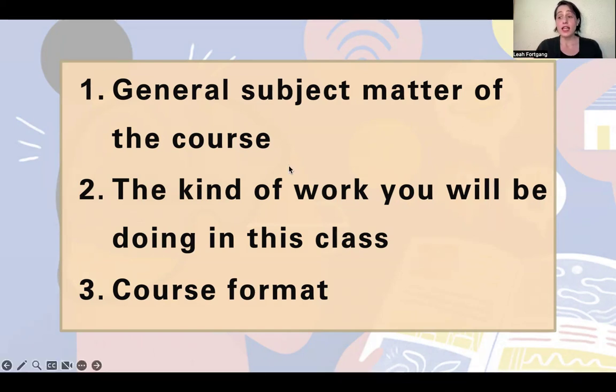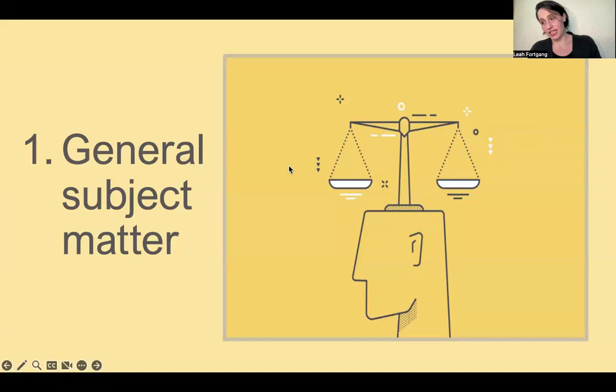All right, so the general subject matter of this class. In this class, we are going to be learning a particular method for thinking about things. This is a method that is very much rooted in what I call Western analytic philosophy. So this is a method for thinking about things that was developed within a specific tradition of philosophers.